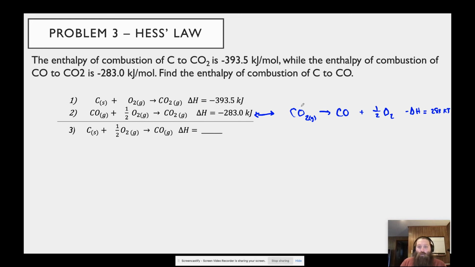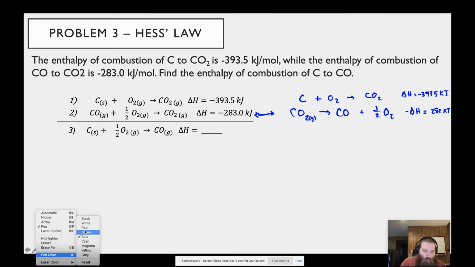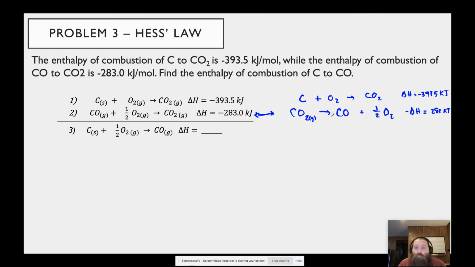Now, I'm going to leave number 1 the same. So carbon plus O2 yields CO2 with a delta H of negative 393.5 kilojoules. Let me switch over to green. All right, so what cancels out here? Well, I have CO2 on the right side of the arrow, and I have CO2 on the left side of the arrow.